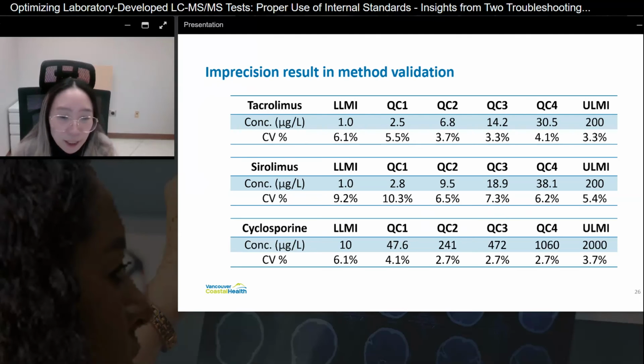Then we looked back in our original validation data and the earlier QC performance. Although the sirolimus result CV was generally higher than the other two compounds, they still are in the reasonable range. Seems like the current imprecision issue is specific to sirolimus.